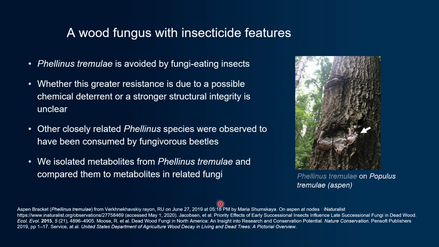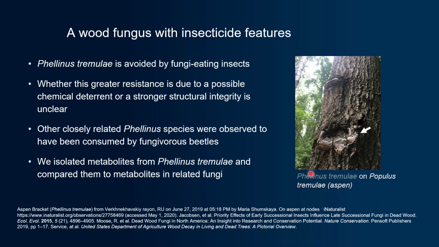All right, so a little bit about the specific project I'm working with right now. We're working with a fungus that's called Phellinus tremulae. These are the fruiting bodies, the compact mycelium structures that are growing on aspens, Populus tremulae. Okay, this is the trembling aspen.